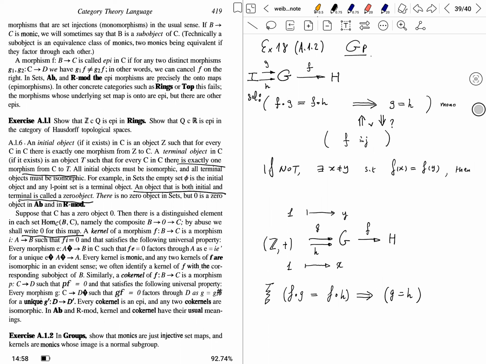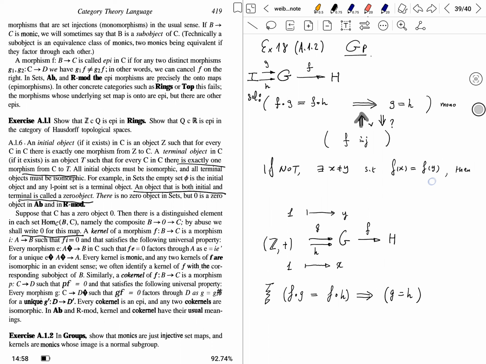This could be deduced from the fact that F is injective, which means injective implies this easily.